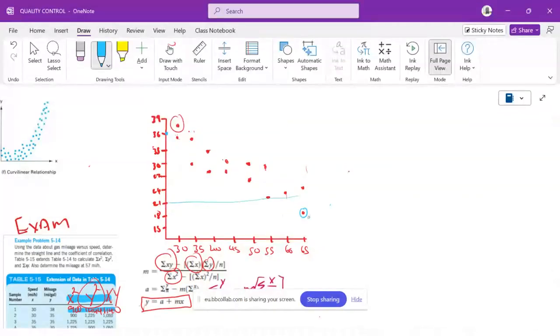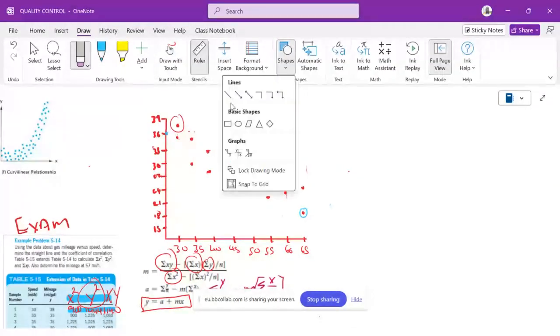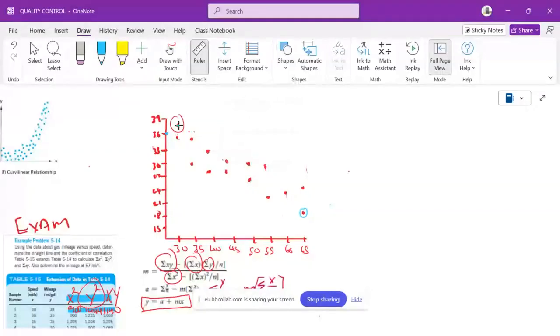Obviously it must coincide there, on your graph paper, and you're going to have something of that nature.